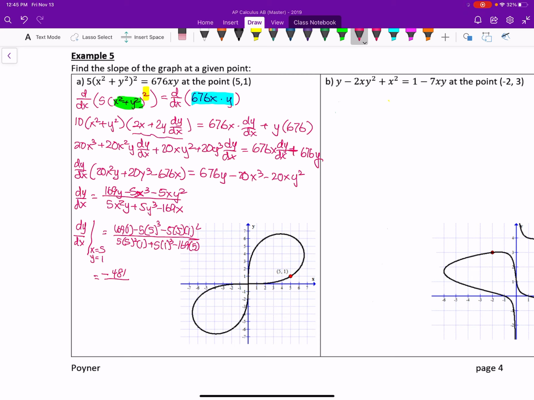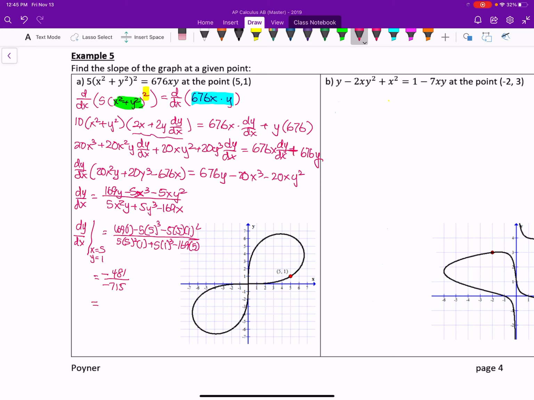plus 5, so that's 130, and then subtract 169 times 5. So that's negative 715. So that is, let's see, I wonder if that reduces, 481 over 715.